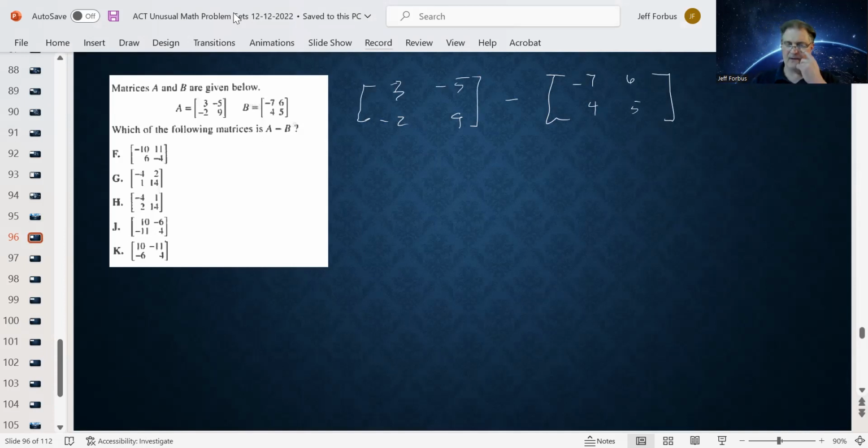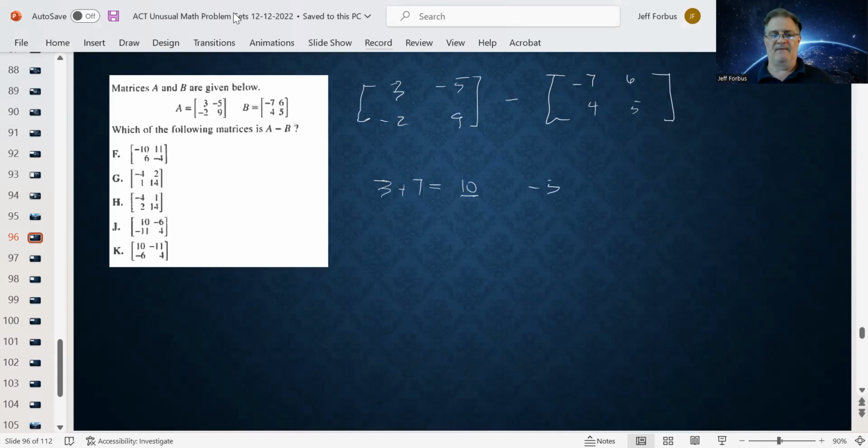So the first thing we're going to say is 3 minus 7. That's a -7, so that's going to become 3 plus 7. That's going to give us 10. So we want to keep our eye on that number. The next one we want to do is -5 and 6.